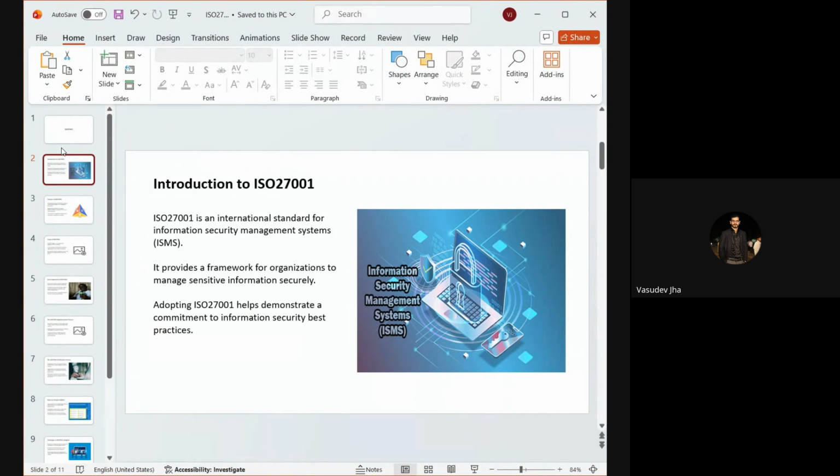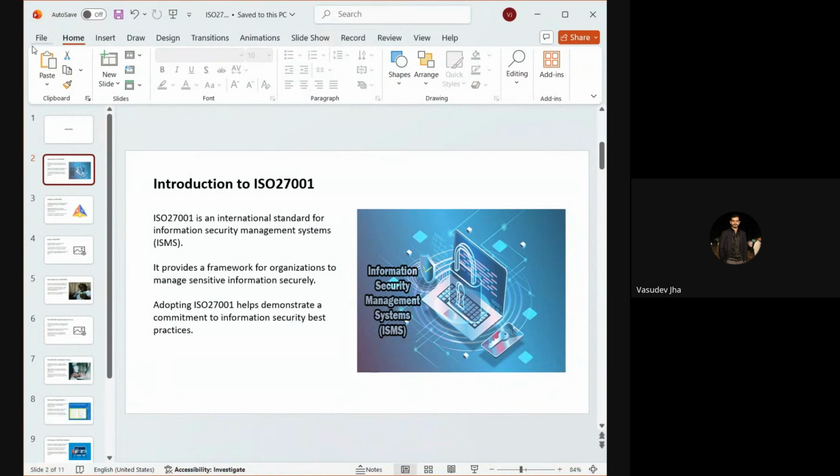Whenever we are managing or dealing with any information, ISO 27001 is like a requirement. It provides a framework for organizations to manage sensitive information securely. Adopting ISO 27001 helps demonstrate a commitment to information security best practices.